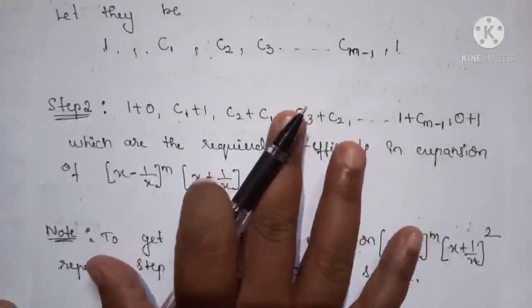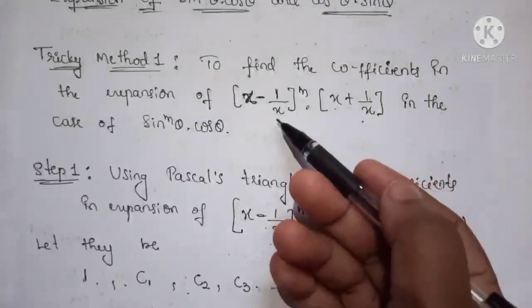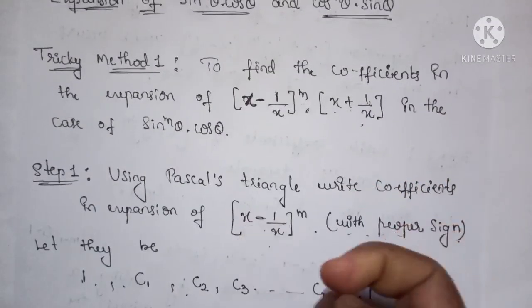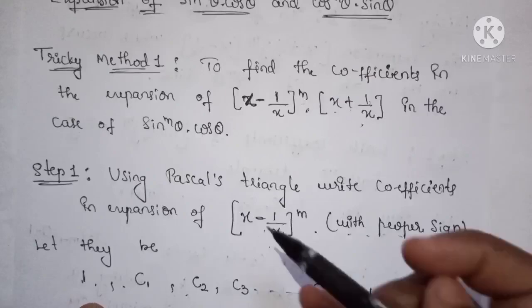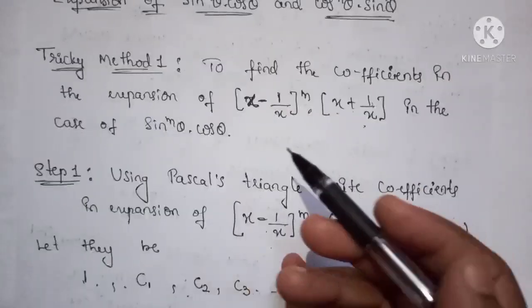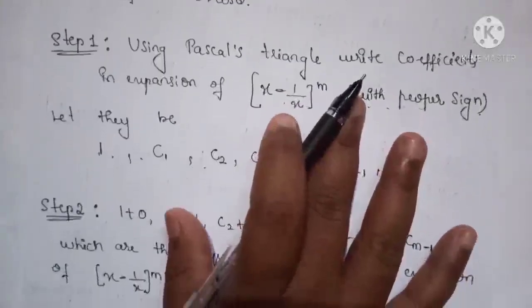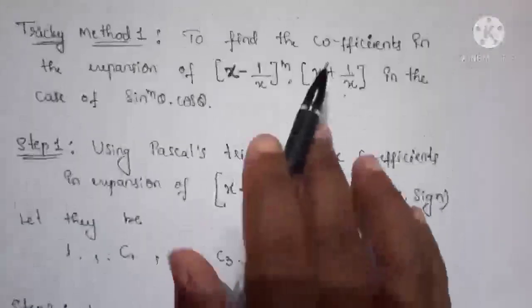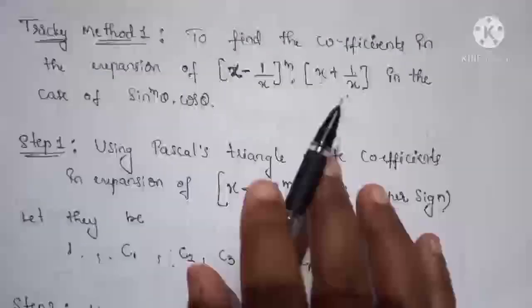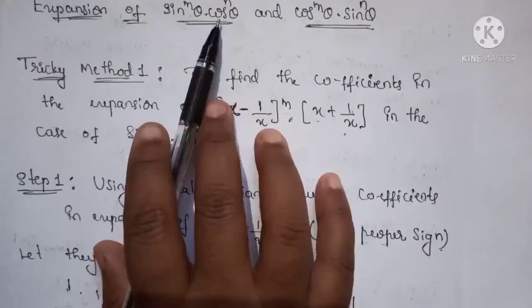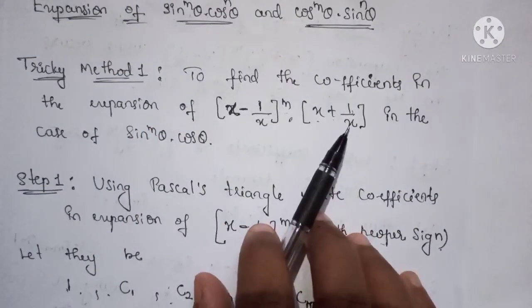Then step 2, we see the second bracket. If the first bracket is minus, then we take all the constant terms, whether plus or minus, along with the proper sign. Then if the second bracket is plus, that means if the second term is cos, then we get plus here.